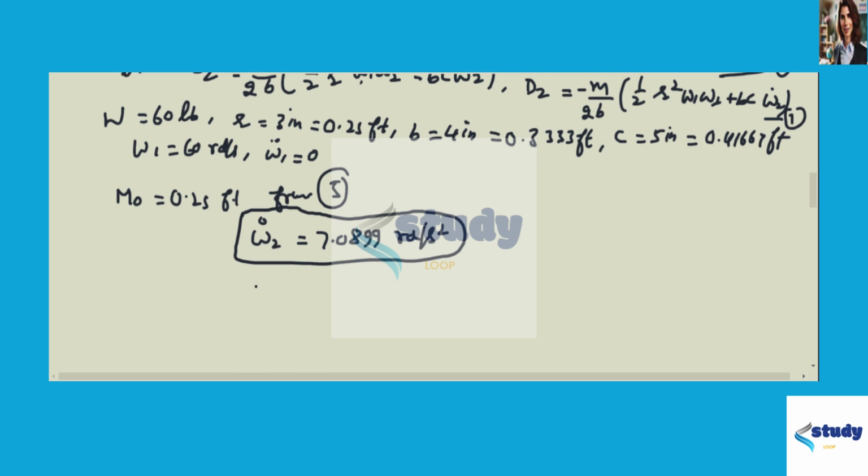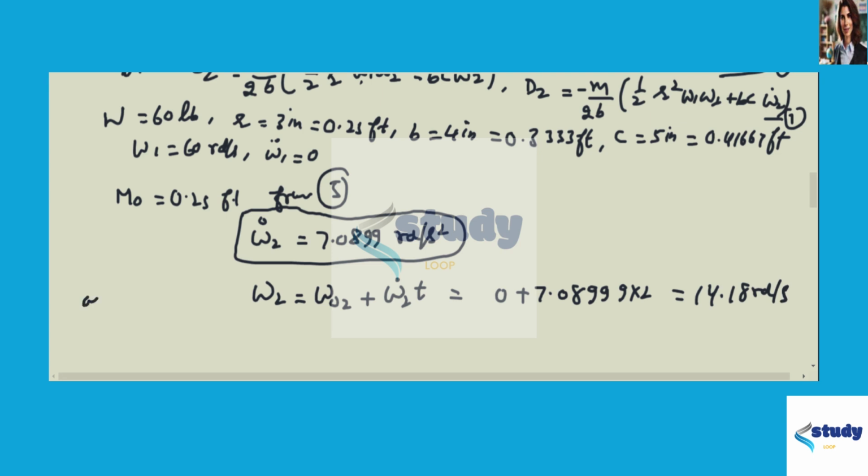So omega 2 can be written as omega 2 at 0 plus omega dot 2 into t, and this is 0 plus 7.0899 into 2, so it becomes 14.18 radian per second at t greater than 0.